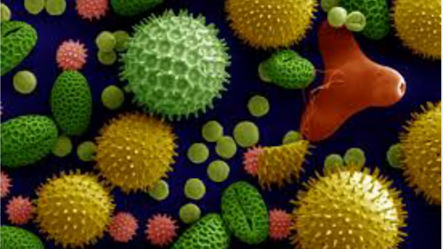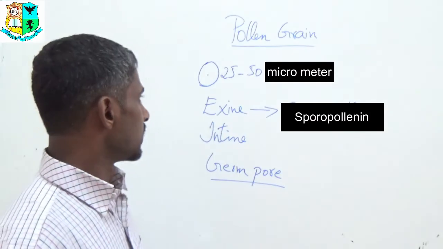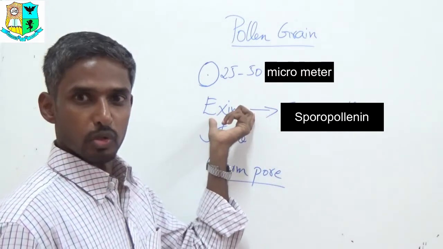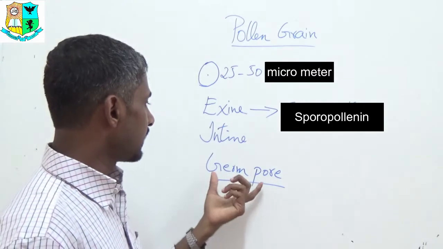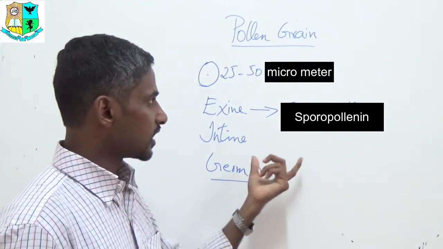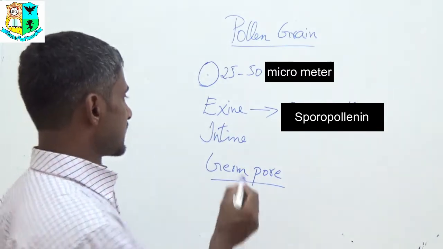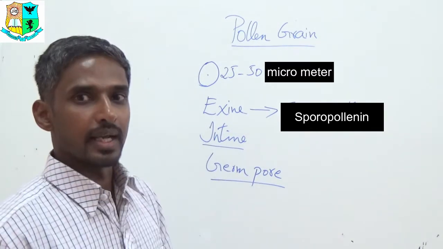So that makes it special, and it is also easy to identify which plant the pollen grain belongs to. So that is one more point for you to remember. So exine has sporopollenin, which makes it tough to break, and the sporopollenin is absent only in the germ pore. The second layer is the intine.